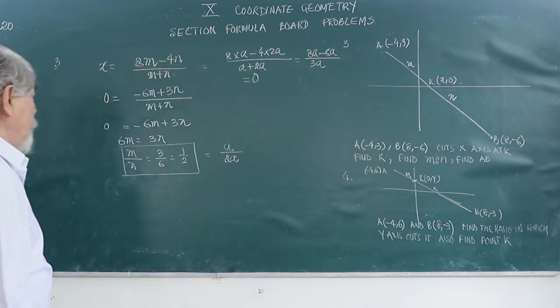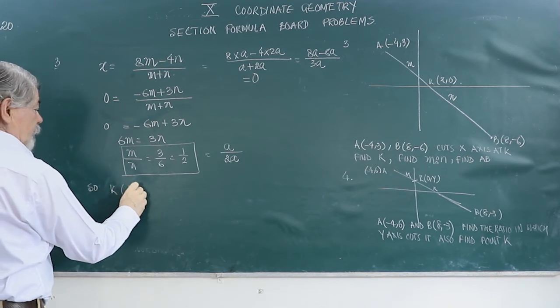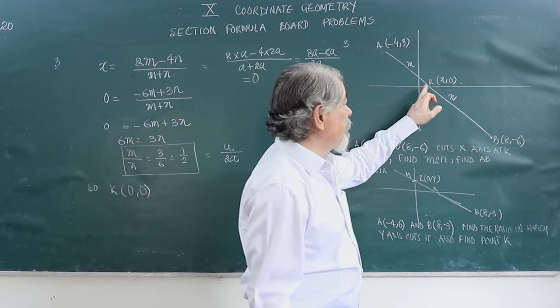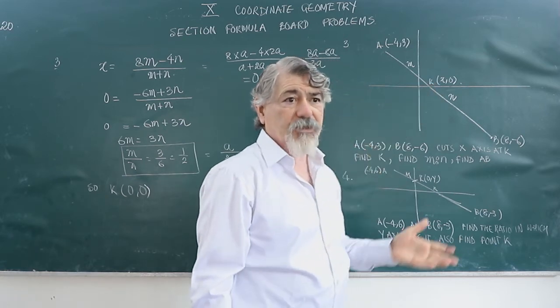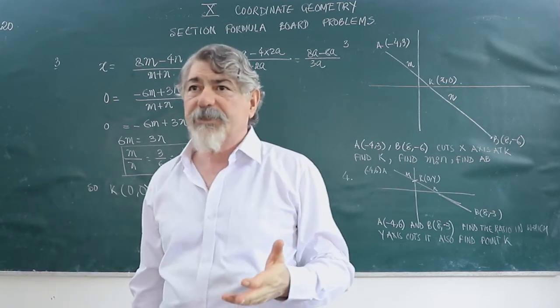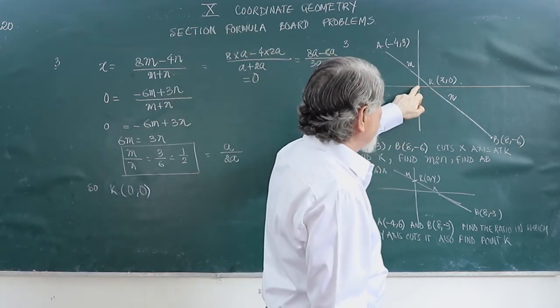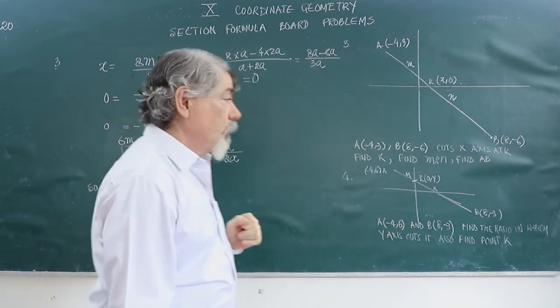X is 0. So K is 0, 0. That means K is the origin. I don't know when I'm drawing the figure whether K will be 0, 0, but from the calculation, K comes out to be 0, 0. That means this line AB is passing through the origin.